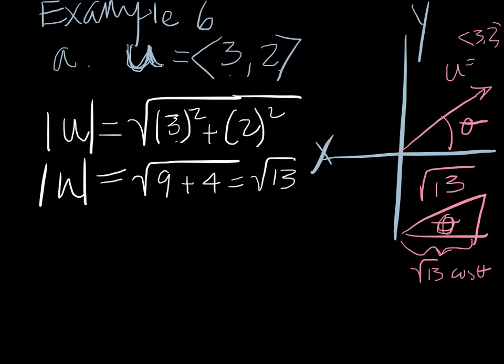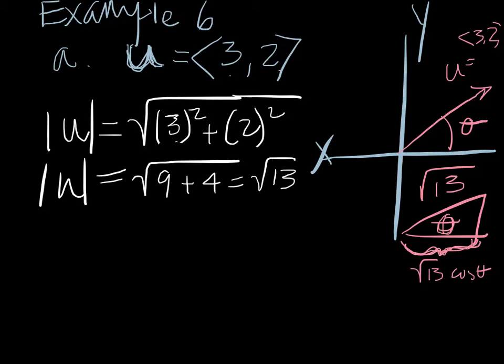Hopefully that makes sense, because this length is your radius times the cosine of that angle, since that's the horizontal distance. I don't know what theta is, but I do know this length.